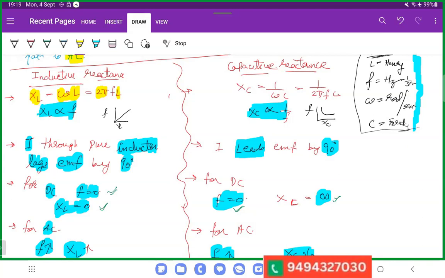Aditi? Yesterday you were there. Come on, tell me, what is reactance? Do you remember? Can you hear me? Yeah, I can hear you. Do you remember what is reactance? No?